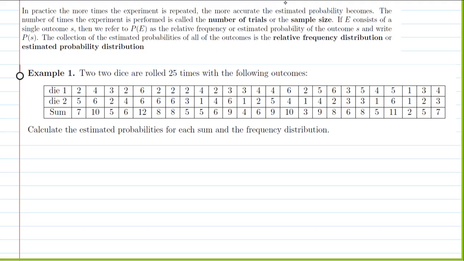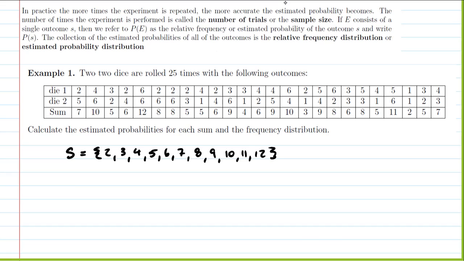So earlier we talked about the sample space of rolling 2 dice when we're adding them together. So what were our possible outcomes for the sum of 2 dice? 2, 3, 4, 5, 6, 7, 8, 9, 10, 11, and 12, right?